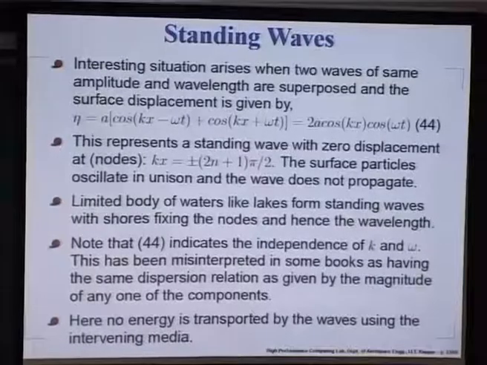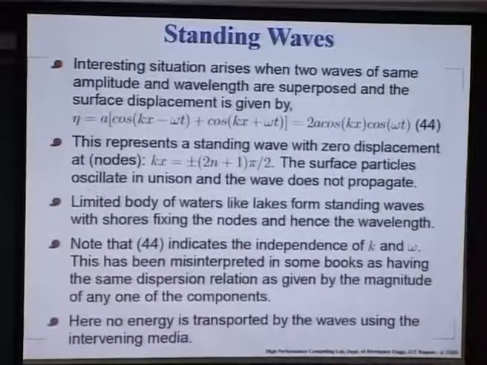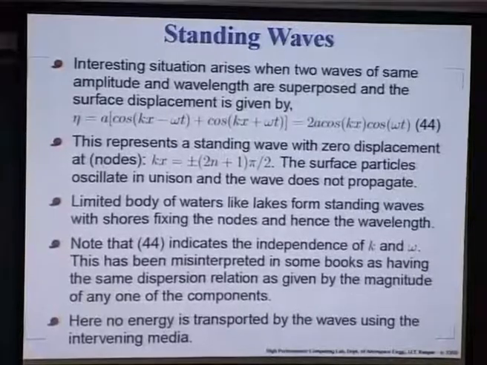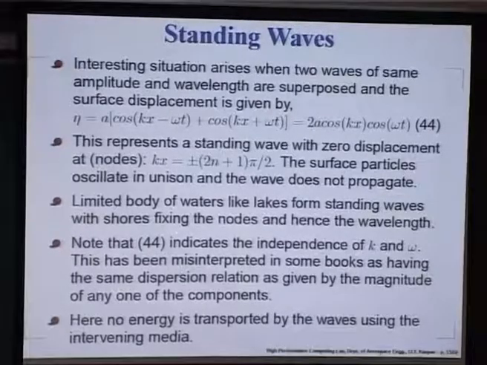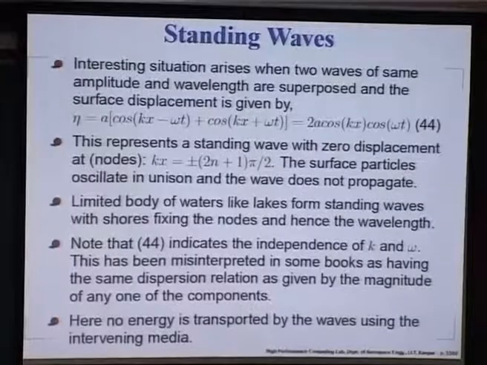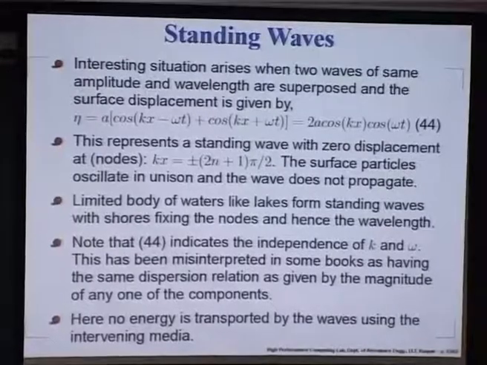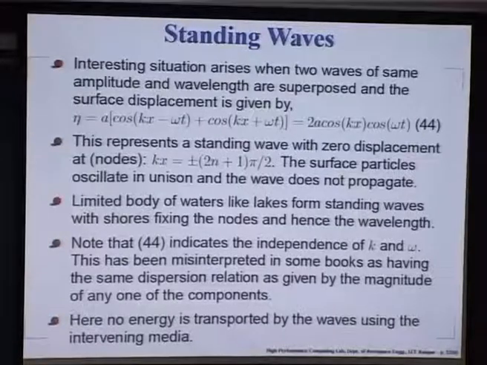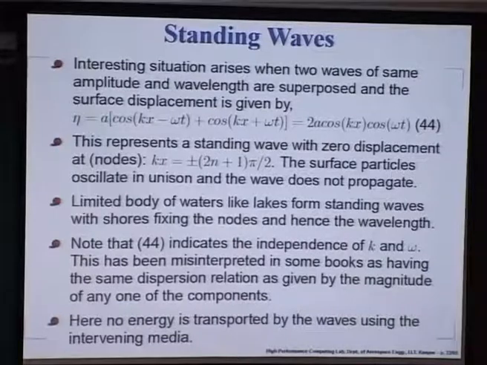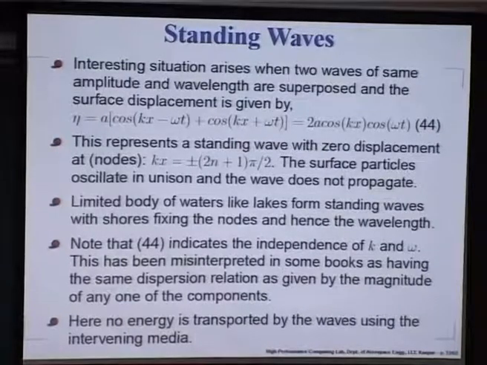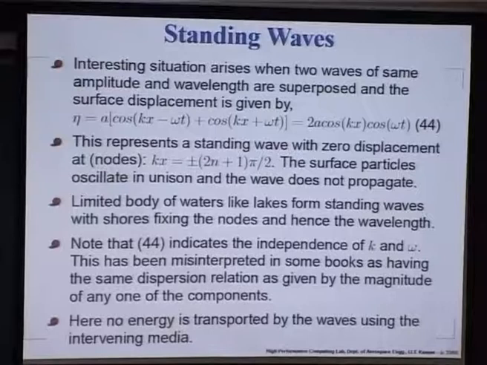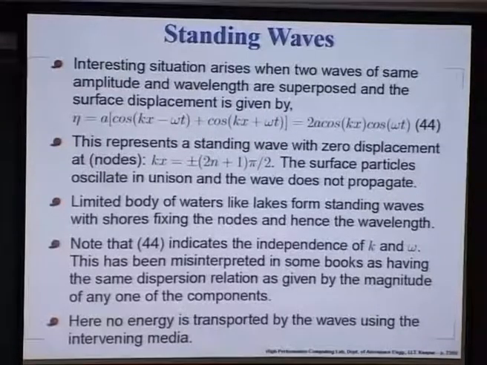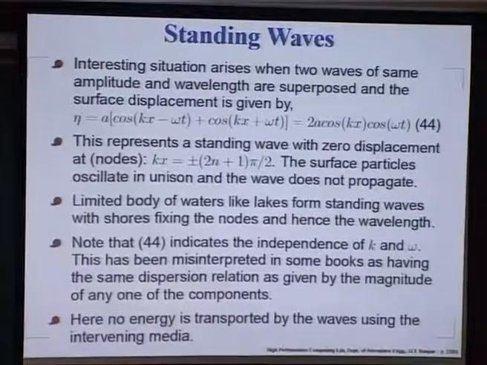So, if I have a limited body of water like lakes or ponds, then standing waves get created. Why? Because if you recall the D'Alembert solution, we talked about the Cauchy problem. We took the interval going from minus infinity to plus infinity, and if I created a disturbance somewhere, then it can go in both directions. Now, if I intervene by putting in some kind of a boundary, what will happen?